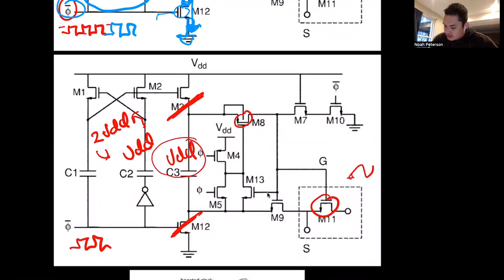This is a PMOS transistor, and this part of the circuit needs to be isolated while VDD is charging this C3 capacitor. Otherwise, it's going to come into this part of the circuit, and it's going to mess up your sampling. So that's why we have this PMOS transistor here.